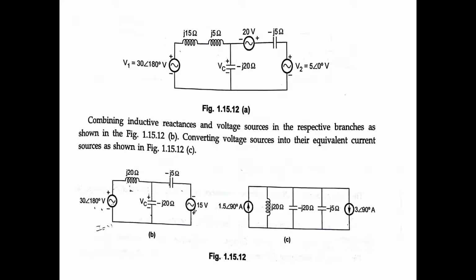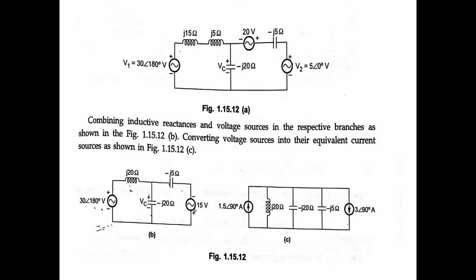The minus j5 stays as it is, and 20 minus 5 is 15. In the middle, minus j20 stays as it is. Next, minus j20 minus j50, that is voltage to current source.